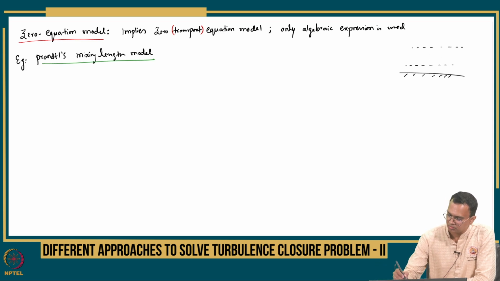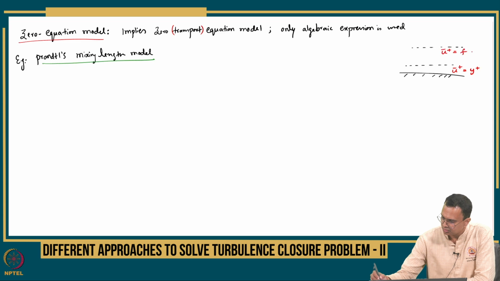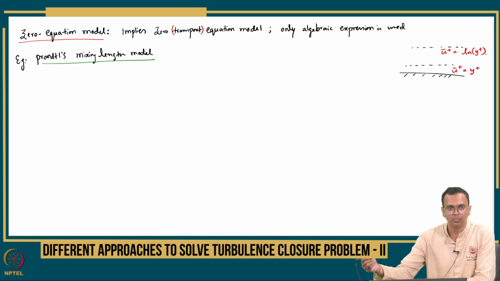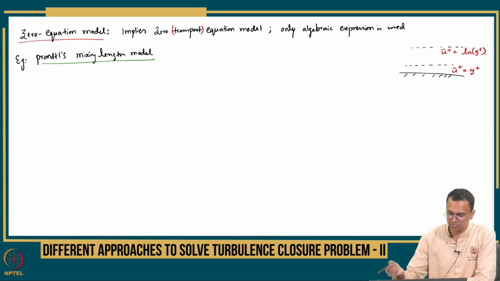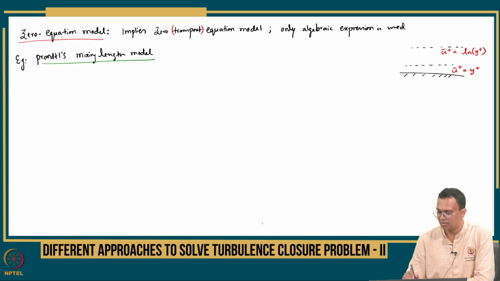In the linear sublayer you had u plus equal to y plus, and far away in the inertial sublayer u plus is again a function of y plus, but the function was logarithmic of y plus in the log-law zone. So you are able to express your velocity profile based on a non-dimensional wall normal coordinate y. The idea here comes from that part: I am going to use something like a length, which we will call mixing length, which is basically a wall normal coordinate.